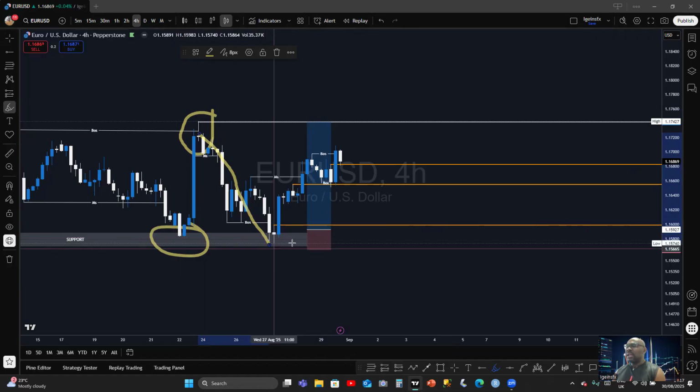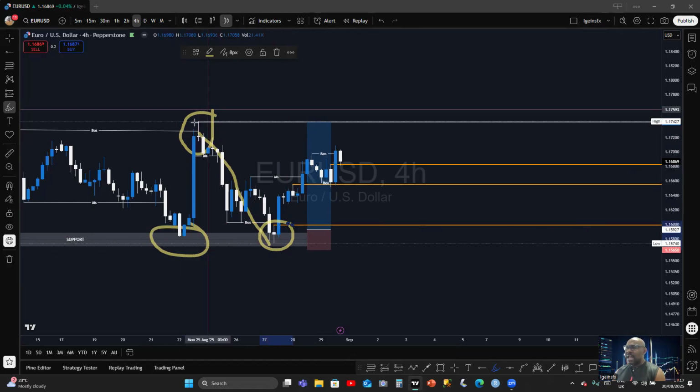And when it got here, you see it now gave us that same formation here. When this kind of formation happens at the top, you know that price is ready to sell.